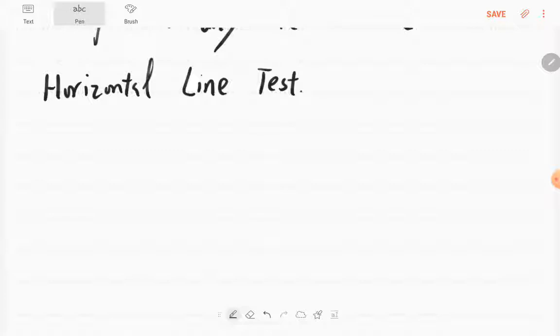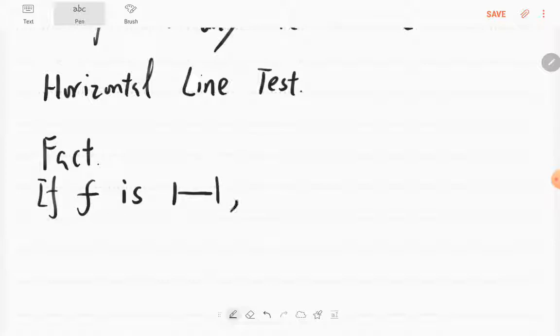So why do we want to introduce a one-to-one function? The reason is, if a function f is one-to-one, then f has an inverse function.